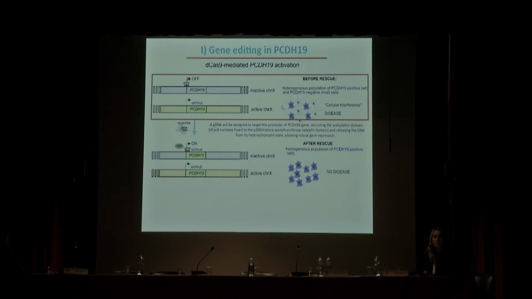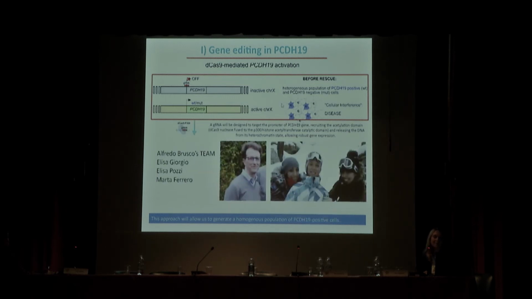So we plan to validate this approach both in vitro and in vivo, so in human cell lines and in a mouse model. And this approach will allow us to generate a homogeneous population of PCDH19 positive cells. And this part will be carried out by Alfredo Brusco's team in Turin.